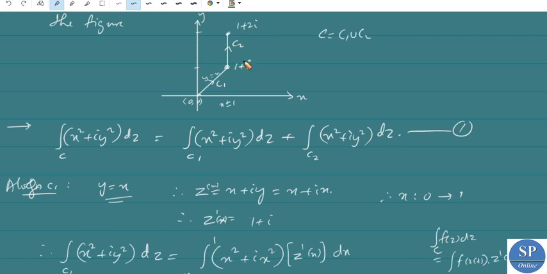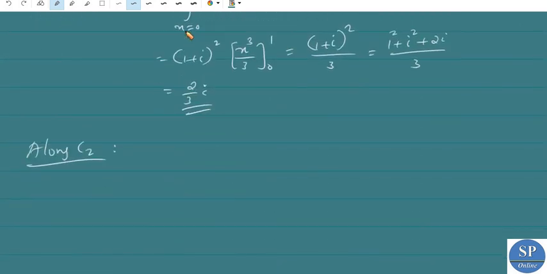This is y, okay, y varies from y equal to 1 to y equal to 2. So along c2 we have x equal to 1, this is constant, and y varies from 1 to 2. Clear? So along c2 we have x equal to 1 and y varies from 1 to 2, 1 less than or equal to y less than or equal to 2.